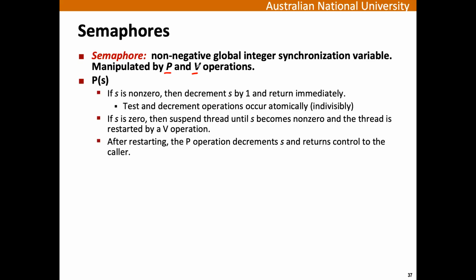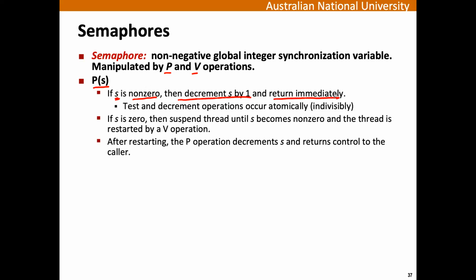So what is a P operation? The semaphore variable is S, which is a non-negative integer. And the P operation is, if S is non-zero, then decrement S by 1 and return right away.